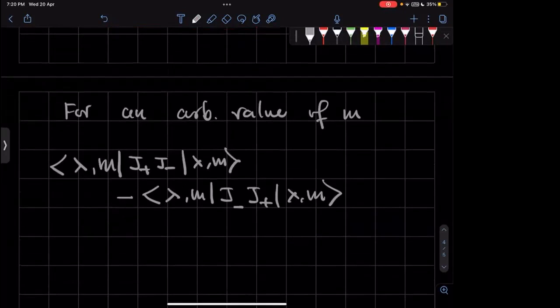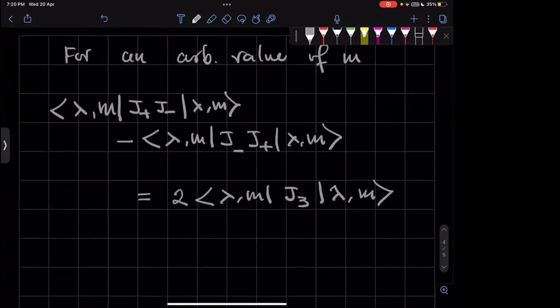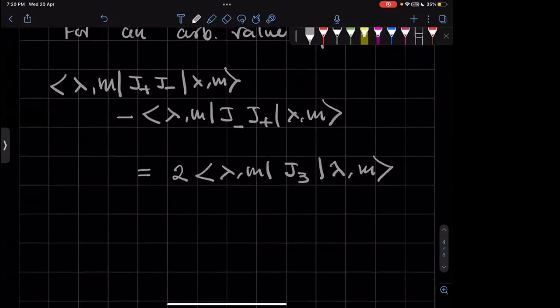Oh, this is the left hand side. On the right hand side, I will have 2 lambda m j3 lambda m.